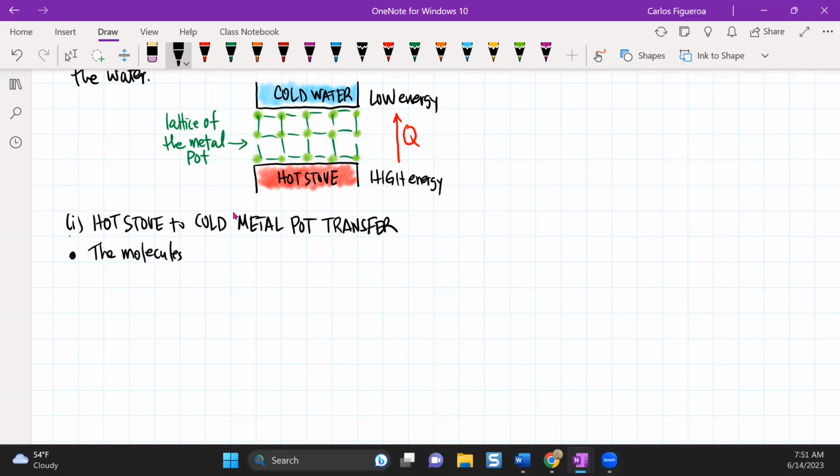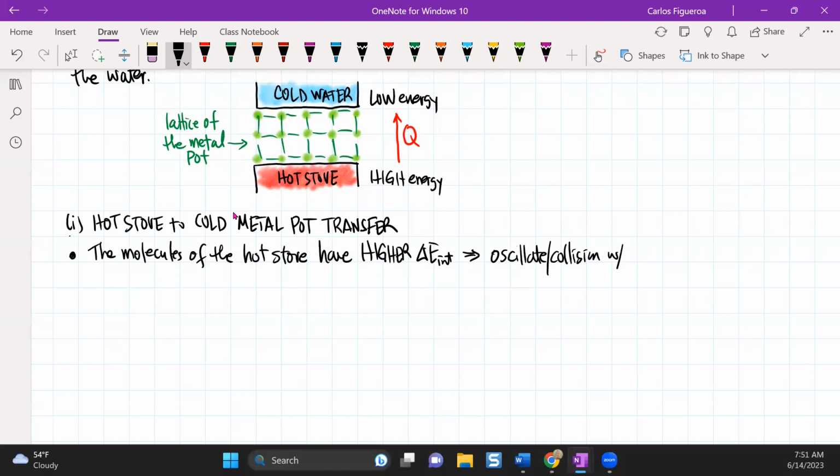And the molecules of the hot stove have higher internal energy. What that means is that they oscillate/collide with lower internal energy metal molecules.